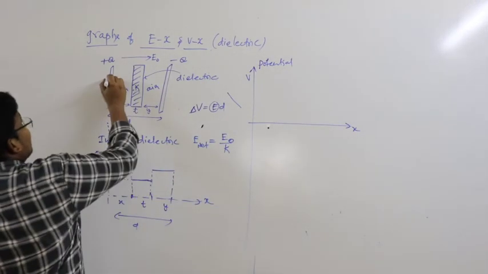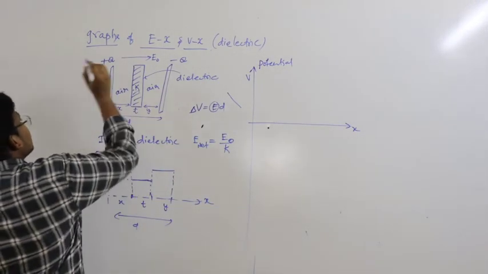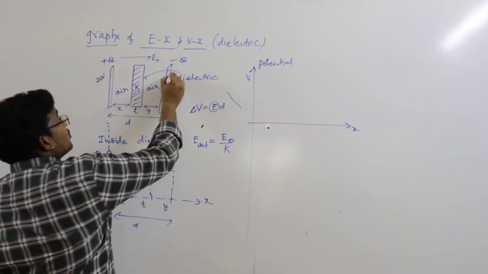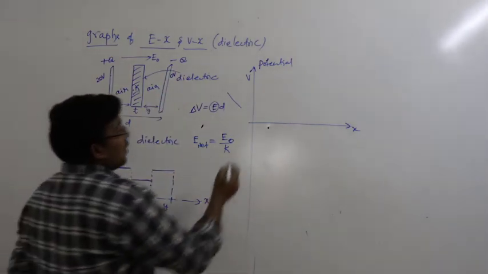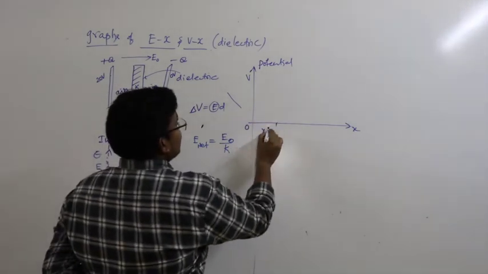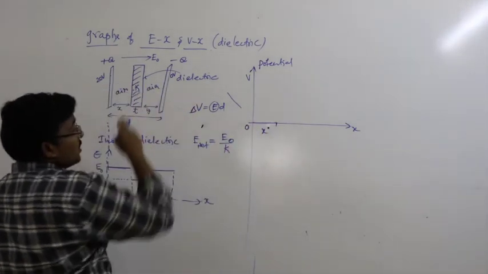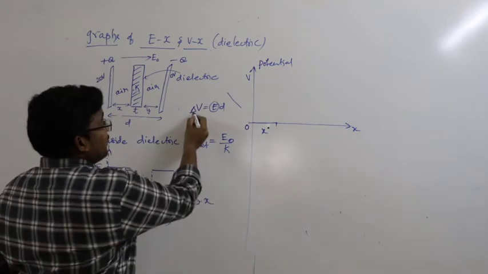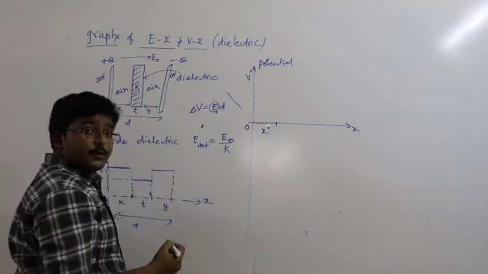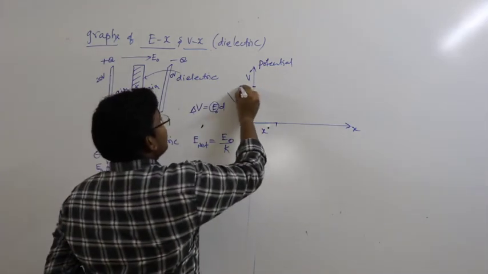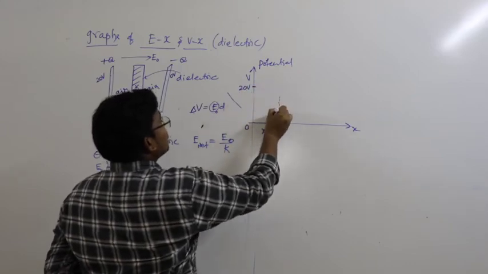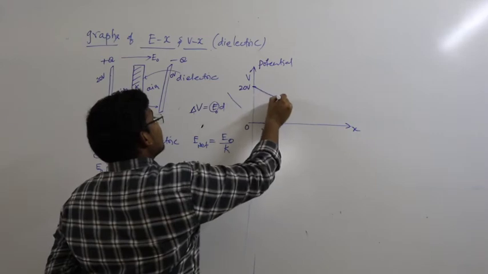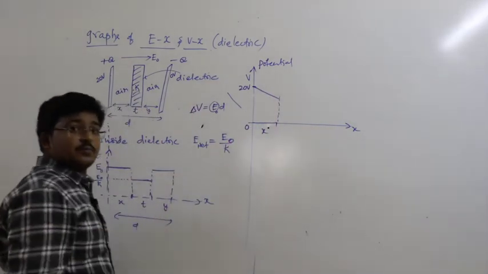Now let me take here some voltage as 20 volts and here it will be 0 volts. So how is the potential dropping? See, up to the x distance it is air only, so simply delta V is equal to the air electric field into d, so it might drop from 20 volts to some volts like this. So voltage is dropping. Okay?